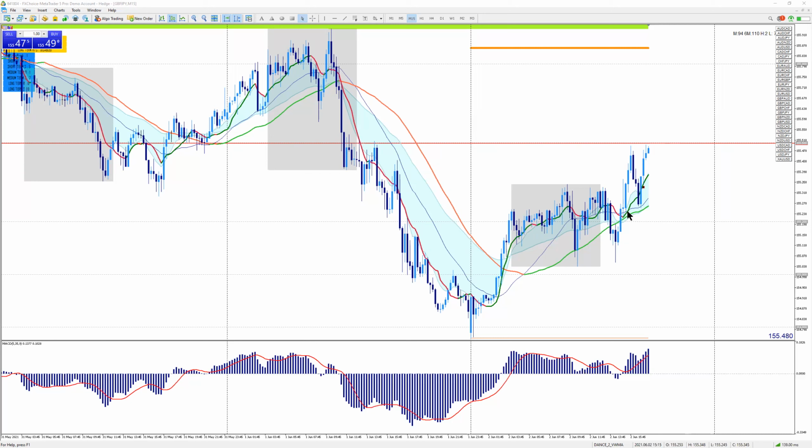I see two moving averages that are both green. The bias is up. I'm going to keep this thing real simple right now. The bias is up, I'm looking for buys. If I'm always thinking buy, MACD's above the zero line, I'm looking for a buy. It's ranging around this Asian box, like right here.